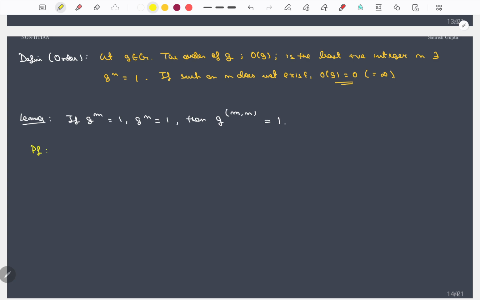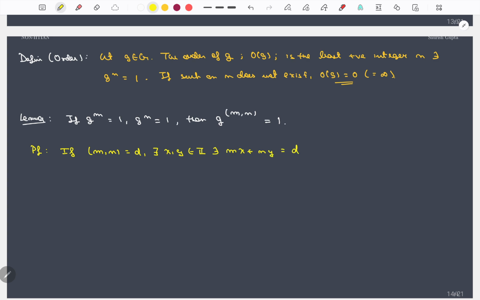Proof, quite easy. We can use the Bezout lemma. If the GCD of m and n is d, there exist integers x and y such that m times x plus n times y is equal to d.